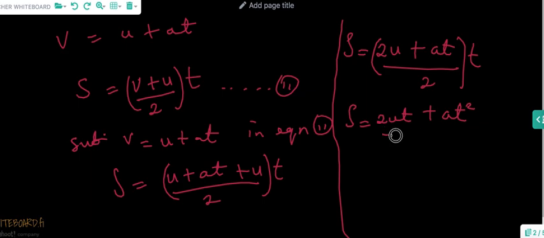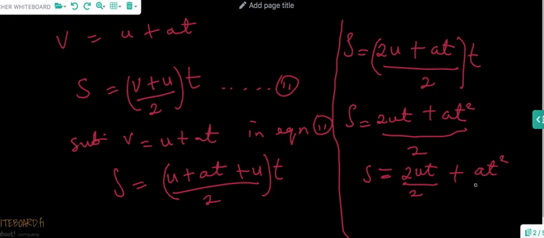Remember everything is over 2, so you can split them to have 2ut over 2 plus at square over 2.